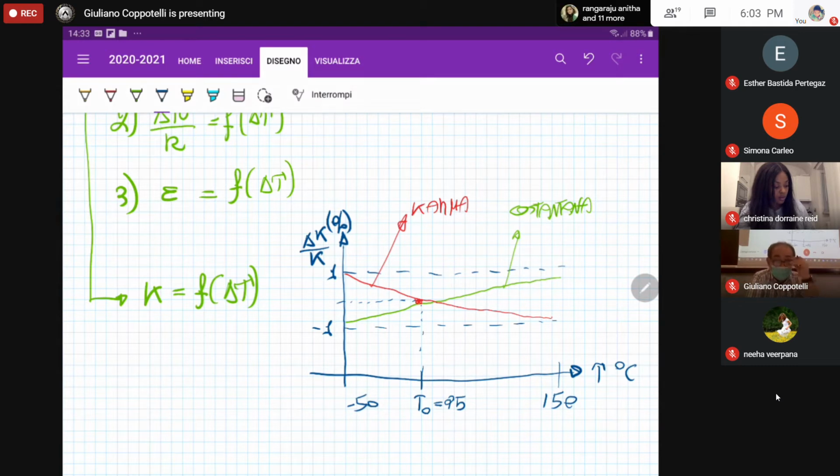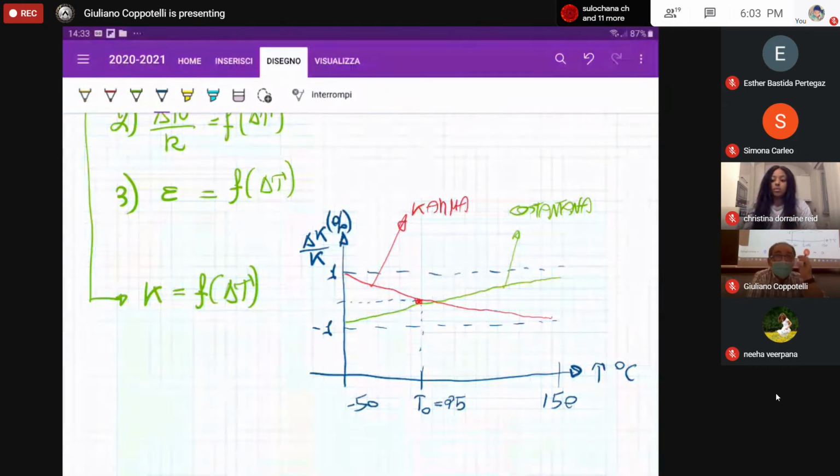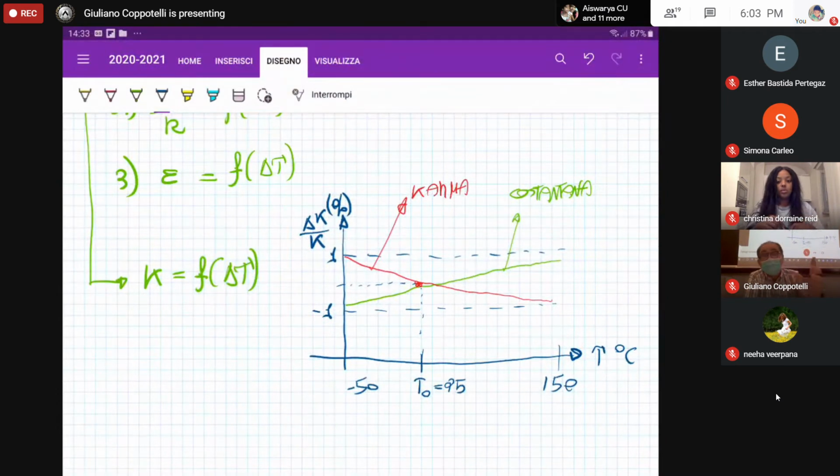Okay, so as we can see from this plot that comes from an experimental result, the temperature is affecting the value of the strain gauge factor K. However, the change of this strain gauge factor is limited between plus minus 1% approximately, in a range of about plus minus 100 degrees Celsius around the reference temperature, here set as 25 degrees.